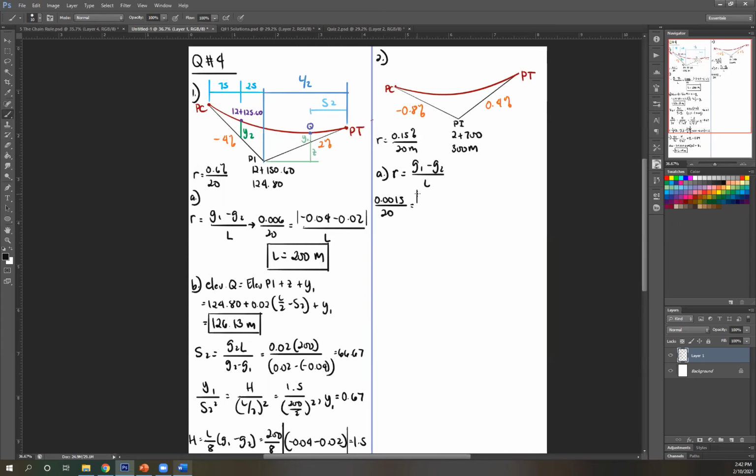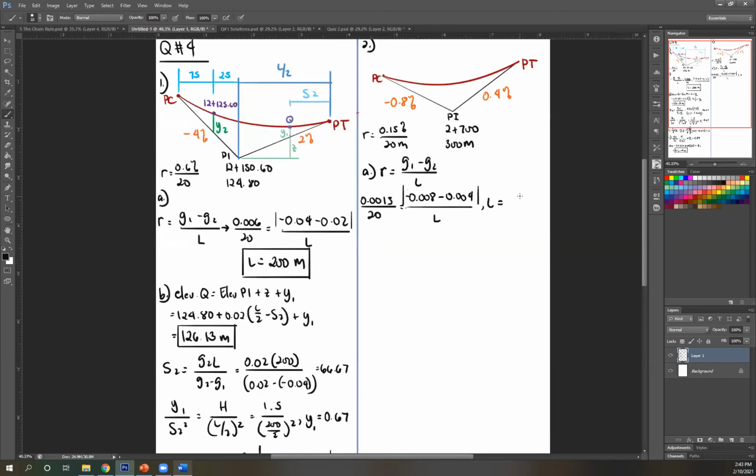So absolute values negative 0.008 minus 0.004 over L. Solving for L, we get, let's compute. It's 160. So 160 meters.